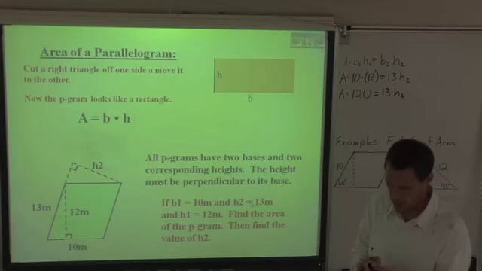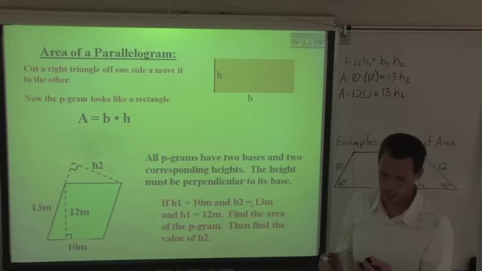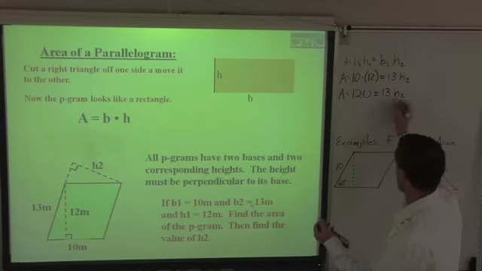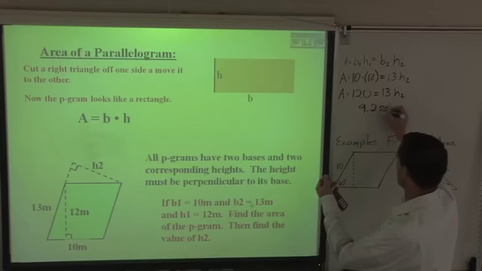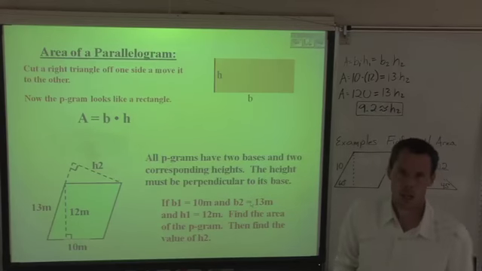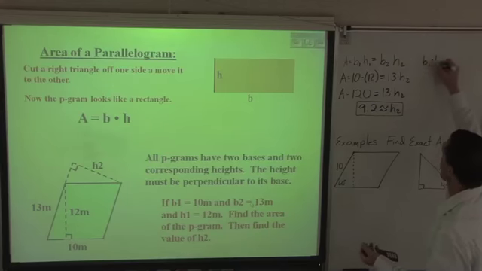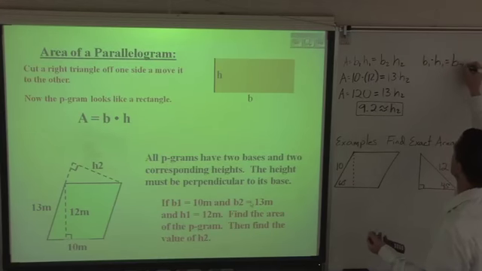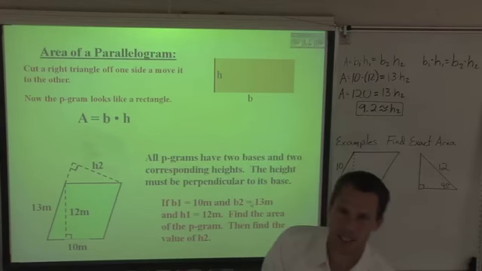Which means I can take that 120 answer that we have here and divide by 13, and I'll end up with approximately 9.2 as my second height. A formula we may want to write down is that base 1 times height 1 will always equal base 2 times height 2, because the area of the shape does not change.